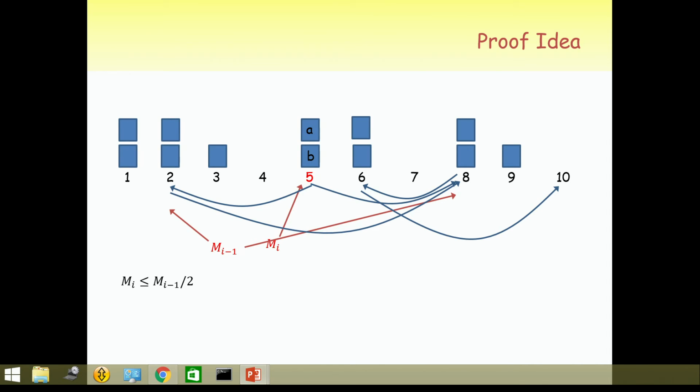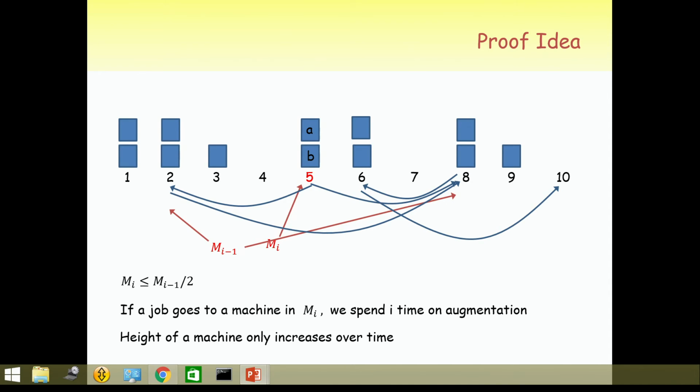So let's say there's a machine, machine number 5, which has height i. And remember, having height i means that there must be 2 jobs sitting on it, because if there was just one job, its height would be 0. So there are 2 jobs sitting on it, A and B, and look at the optimal solution. In the optimal solution, these 2 jobs, A and B, were perhaps going to machine number 2 and machine number 8.